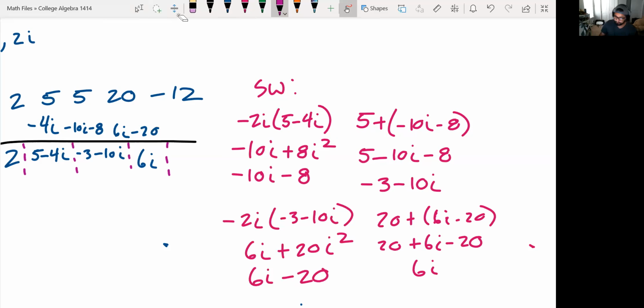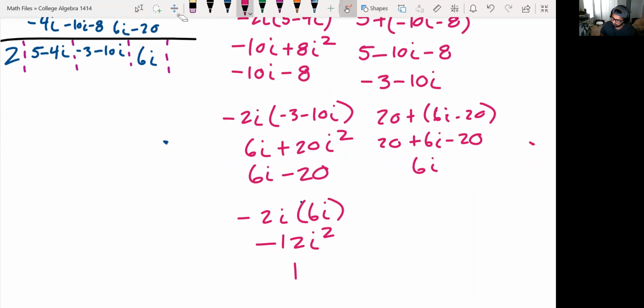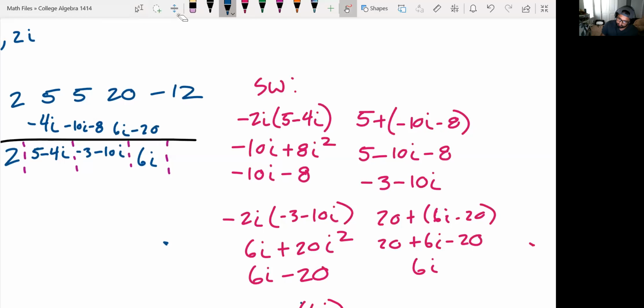Okay, last one. Negative 2i times 6i gives me negative 12i squared. And i squared is negative 1, so we get positive 12. So this will give me 12, which, look at this, you get a remainder of 0.